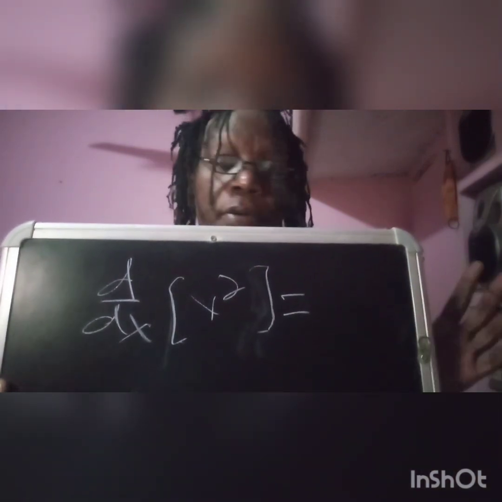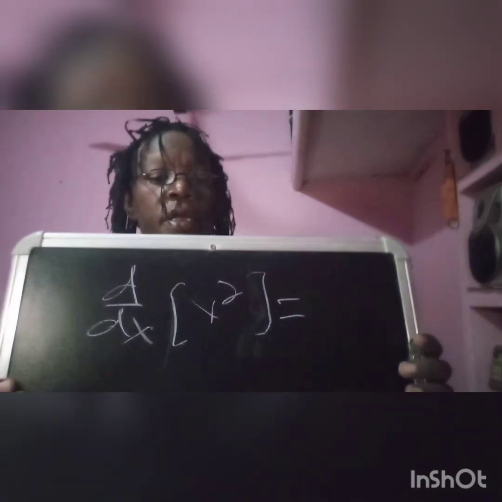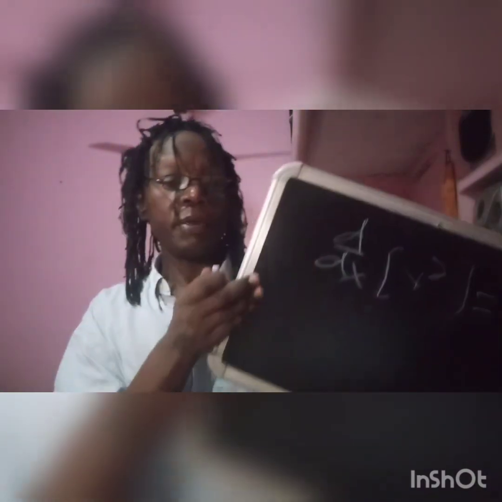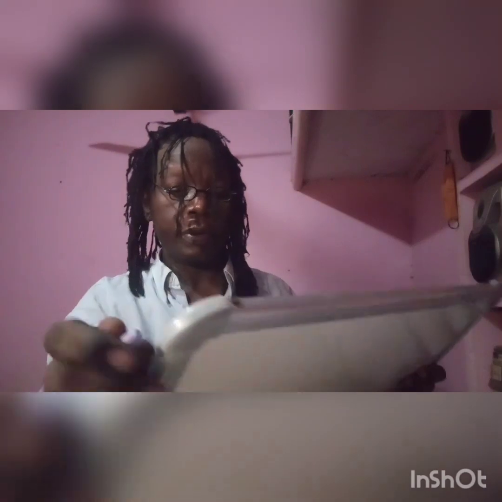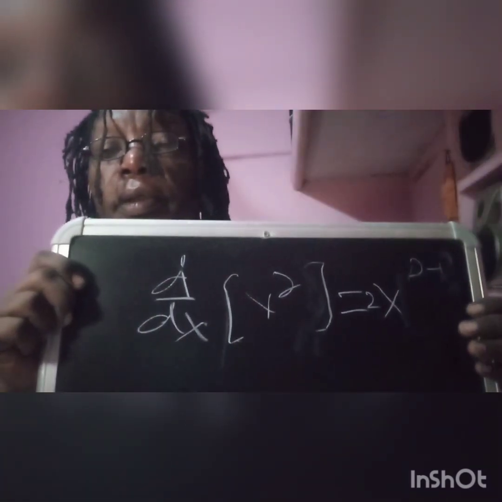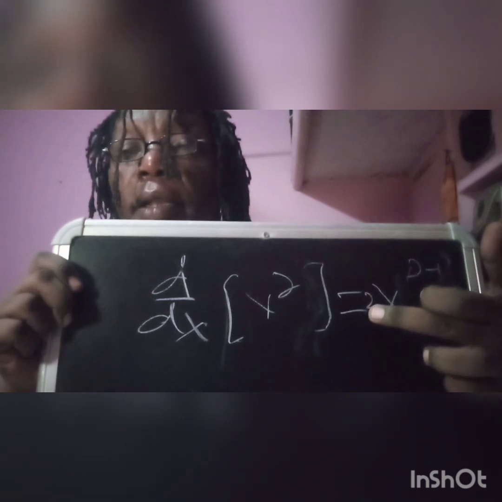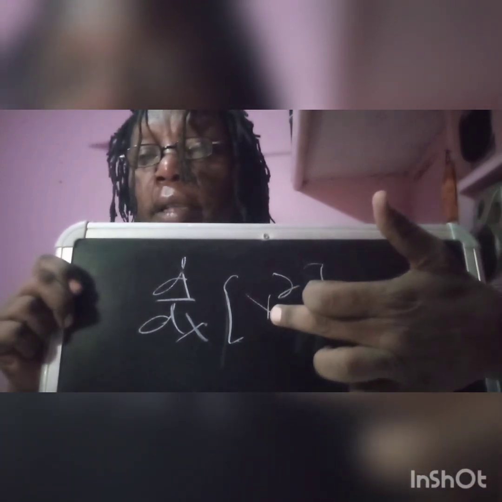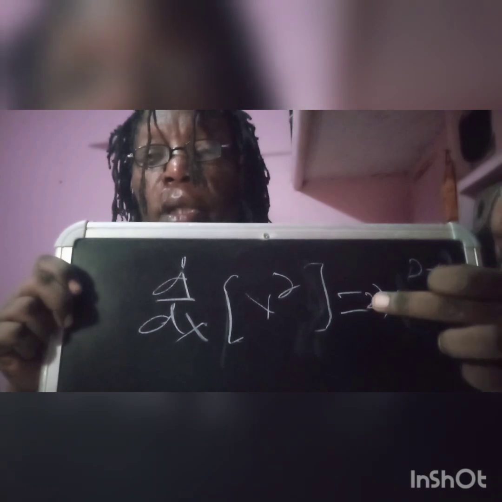We already know x squared, so according to the formula it's going to be x to the 2 minus 1. And then we move 2 in front. You see here what I've done? This has gone in front, and then I subtracted 1 from the exponent.